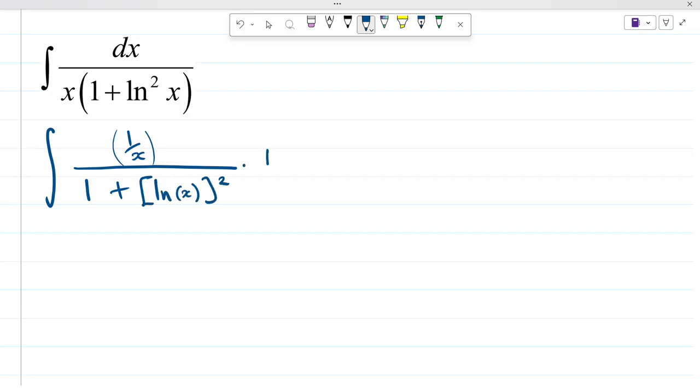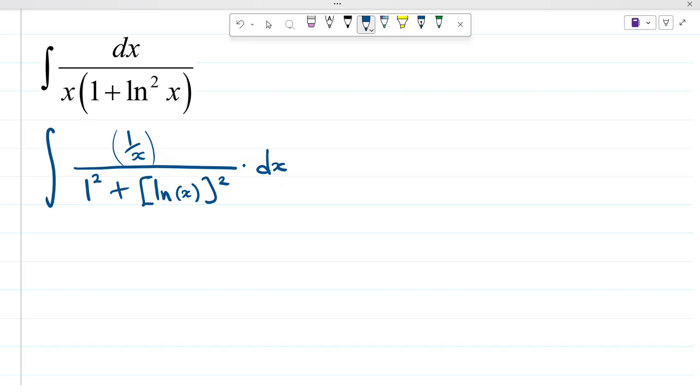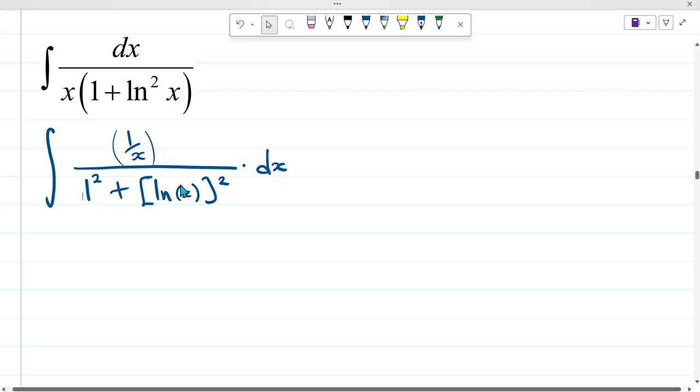We can see this format is the one for a tan, because 1 is the same as 1 squared. Since we have 1 plus this squared, if we let ln of x be f of x, then 1 over x is the derivative of ln of x.